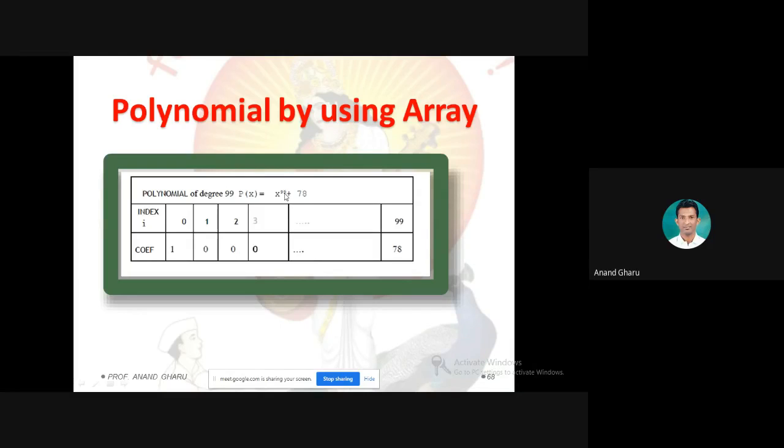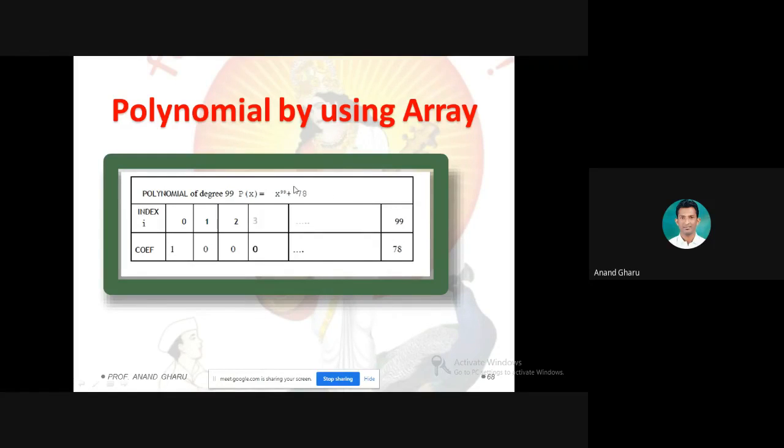Okay, so here x raised to 99 means just we put 1 as a coefficient, because only single value for x value, so we can insert 1, but there is no 98, 97.